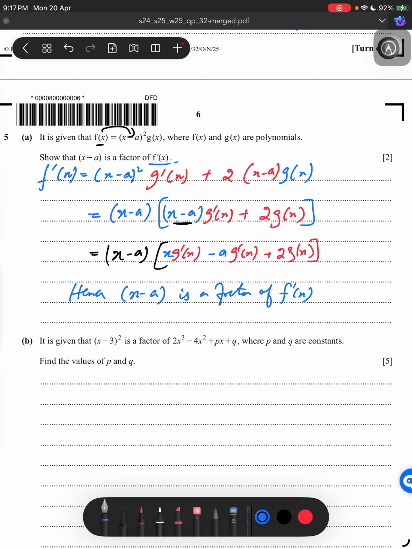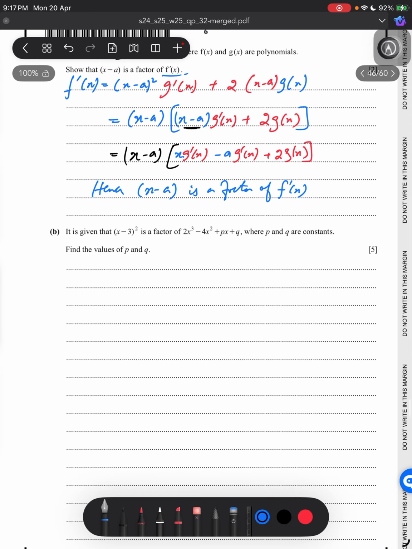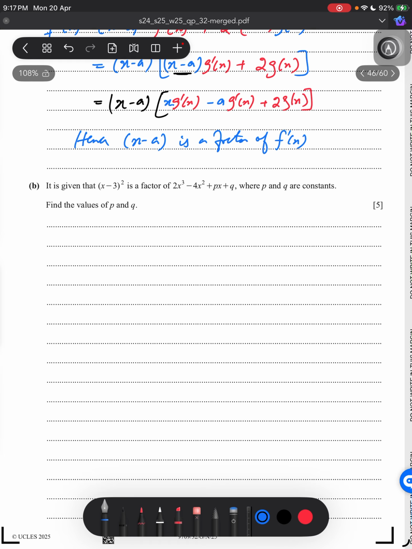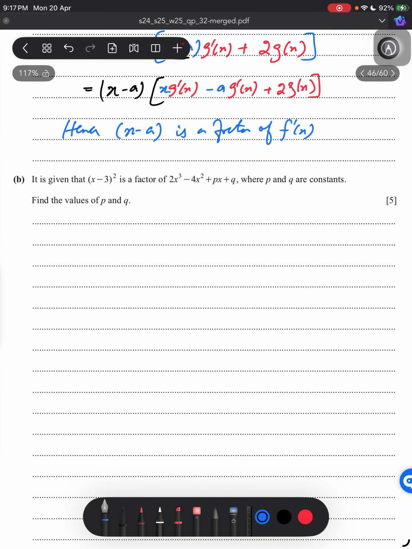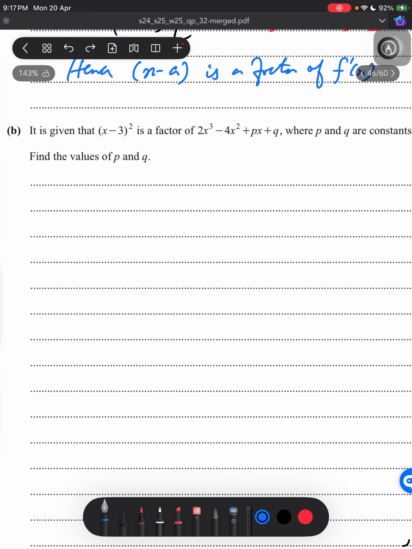So for the next, it's given that the polynomial, the factor of this. So we need to find the values of p and q. So let's write it.